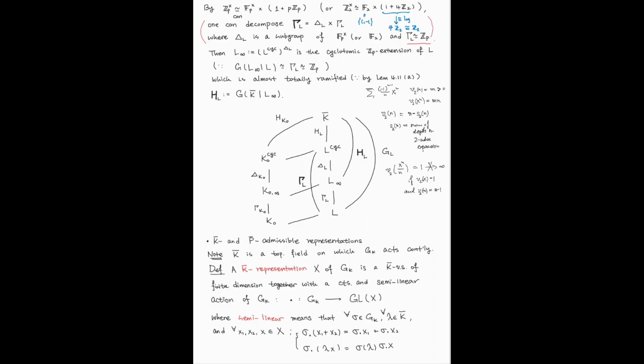I checked. No, I think it is fine. The thing is just that if one would write here 1 plus 2 times Z_2, this is the same as Z_2 cross. So somehow, I mean, yeah.